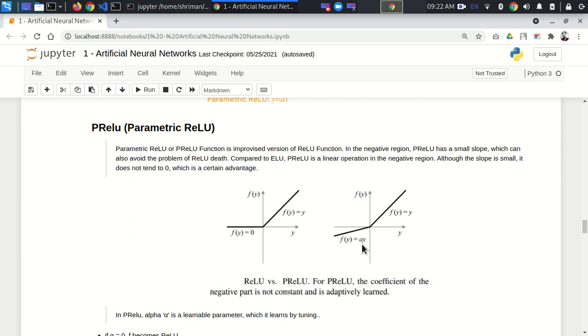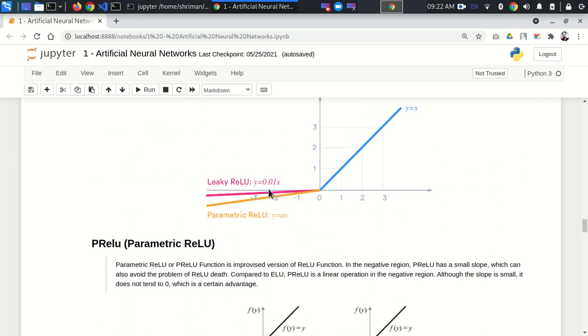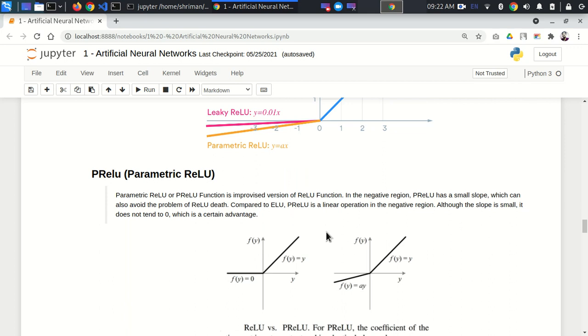It is always better that this number be a self-tunable parameter, which the network is going to tune after doing some experiments. In that way, it will have a value depending upon the data. Whatever the data is requiring, it can assign that value, not 0.01x each and every time.